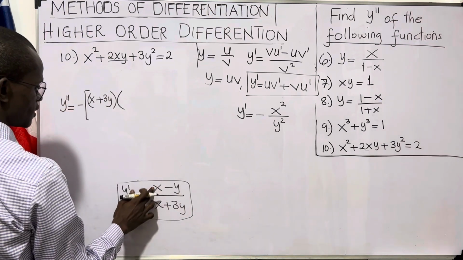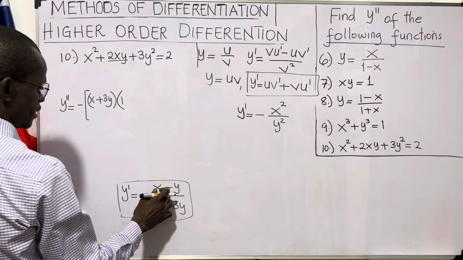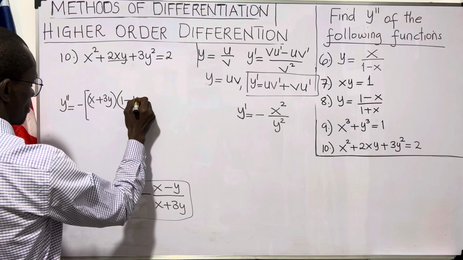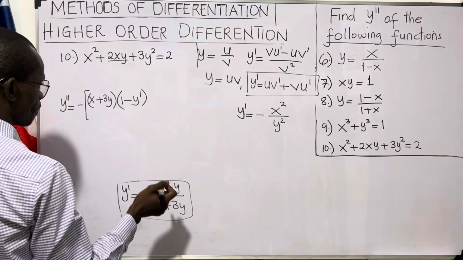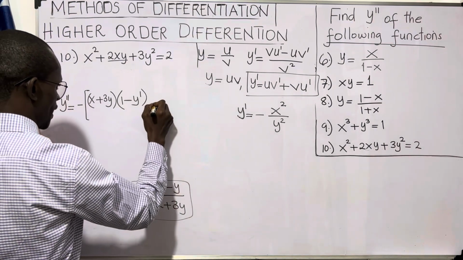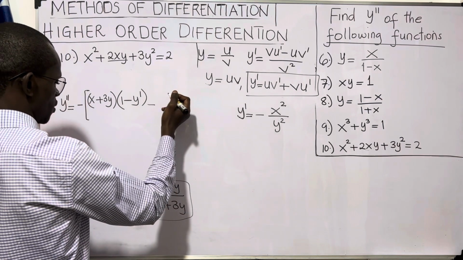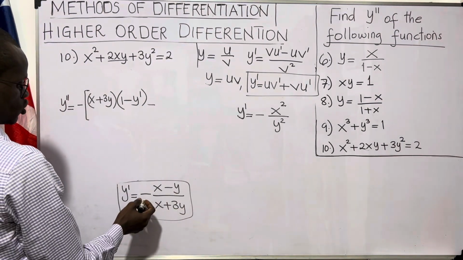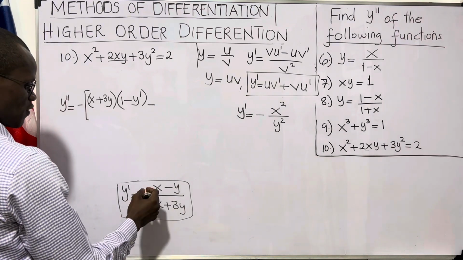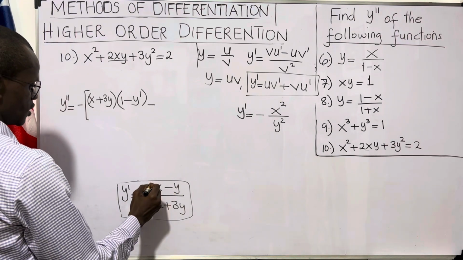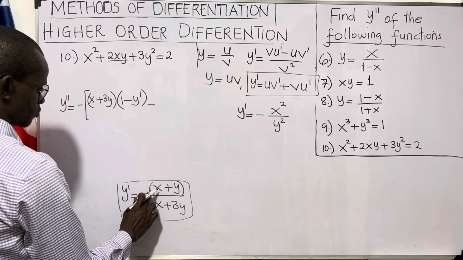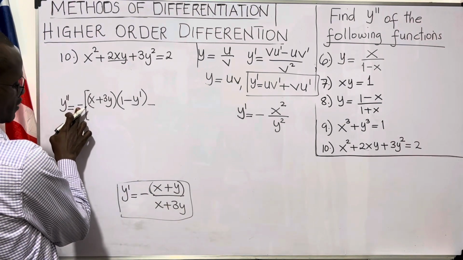So the derivative of x is 1, the derivative of y is also 1, but we attach y prime. And then we have minus, we hold the numerator now, which is, okay, sorry, both of them should be negative, right? So let's assume we have this negative to be factored out.